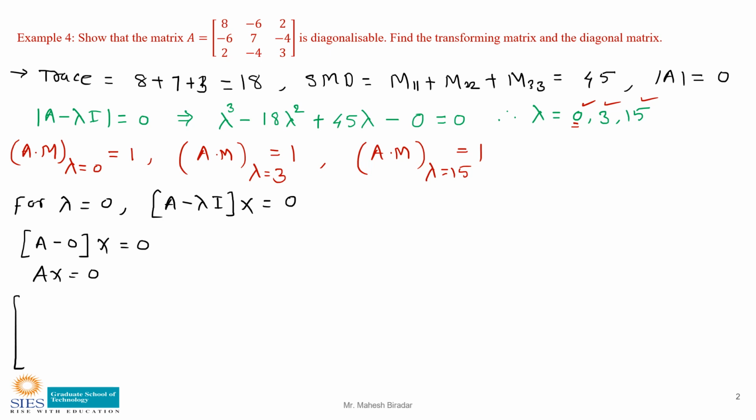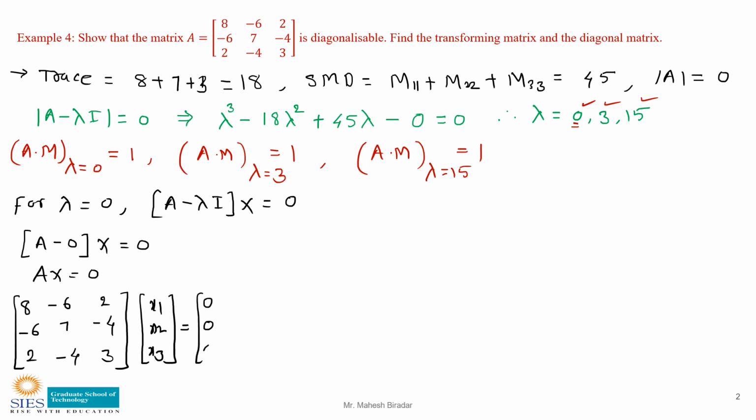So we have A, which is 8, minus 6, 2; the second row is minus 6, 7, minus 4; then 2, minus 4 and 3, into x1, x2 and x3. This is equal to the 0 column matrix.